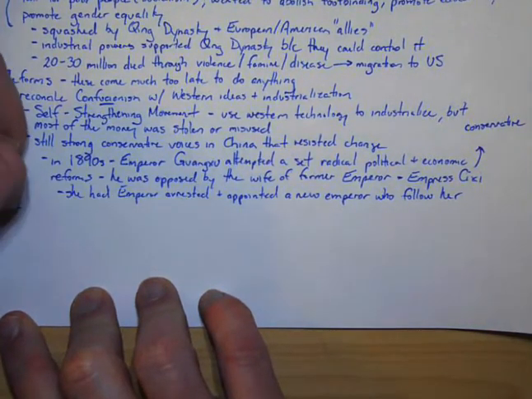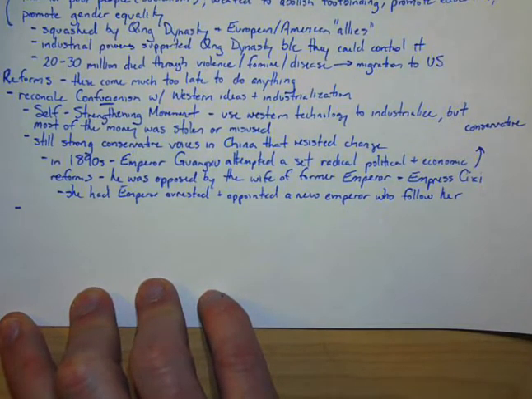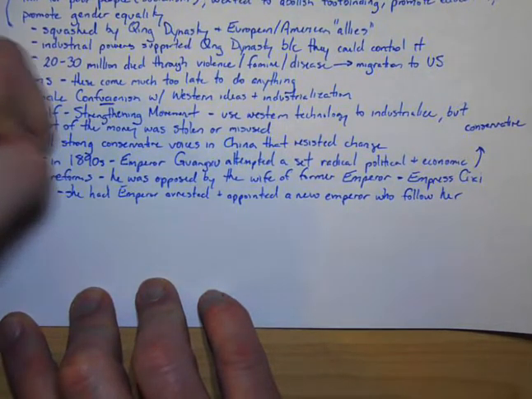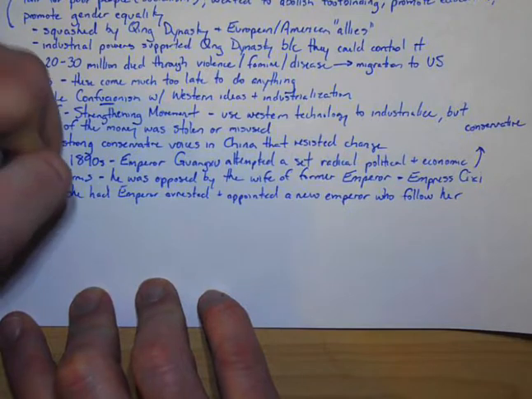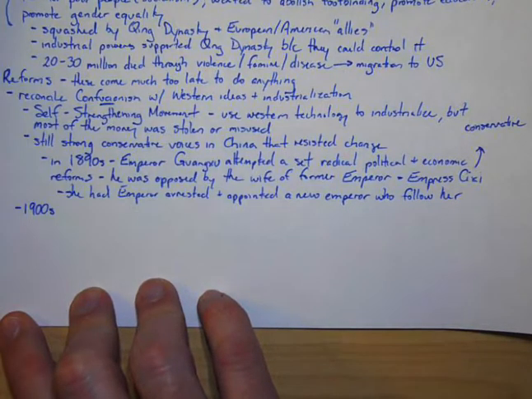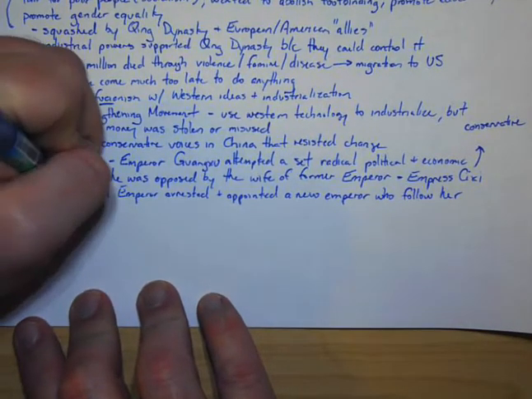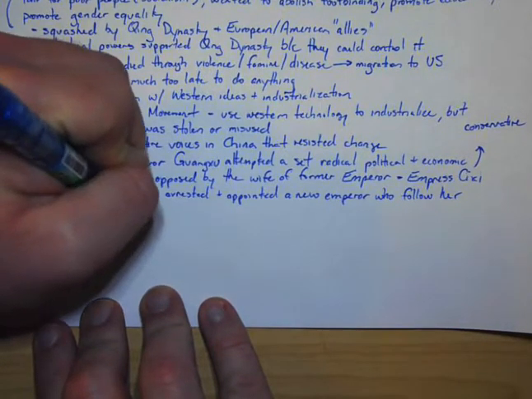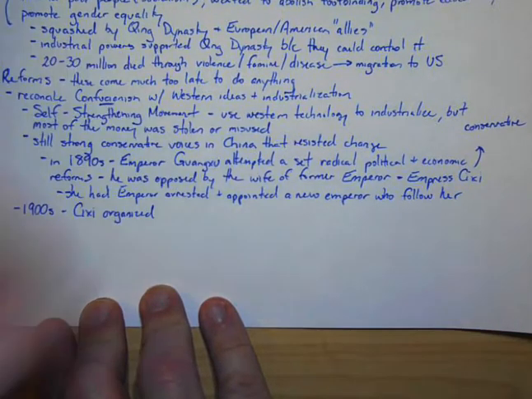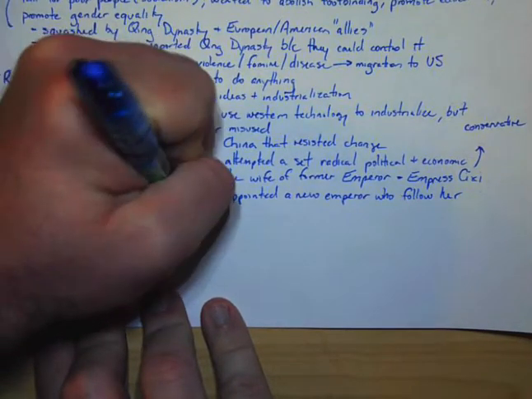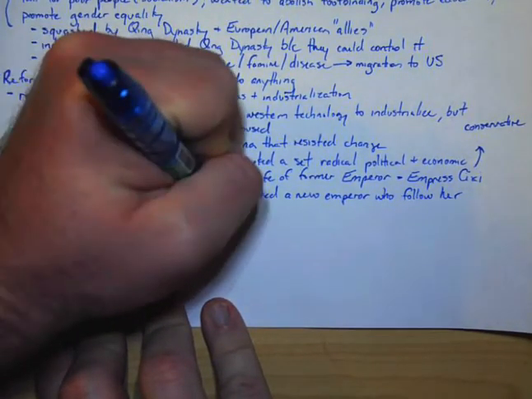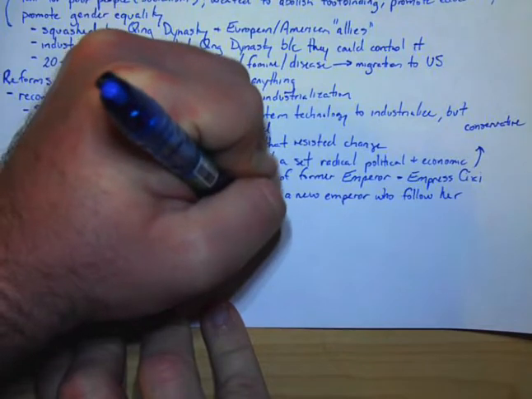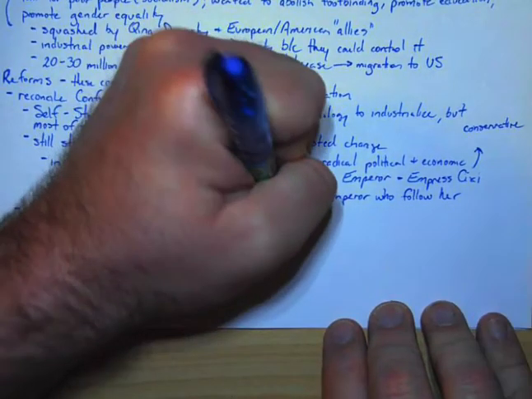All of these different threads come together in the early 1900s. Cixi organized an anti-foreigner secret society.